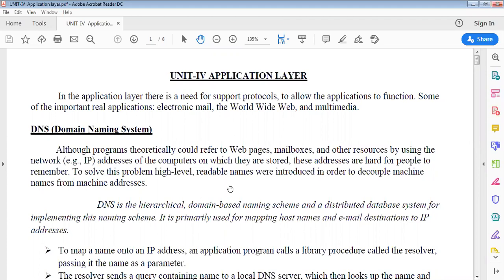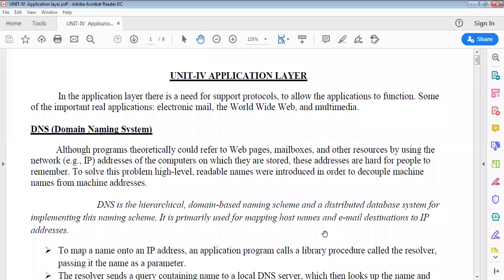To solve this problem, high-level readable names were introduced in order to decouple machine names from machine addresses. So it is required to convert these names into IP addresses, and some mechanism is required. DNS is a hierarchical domain-based naming scheme.